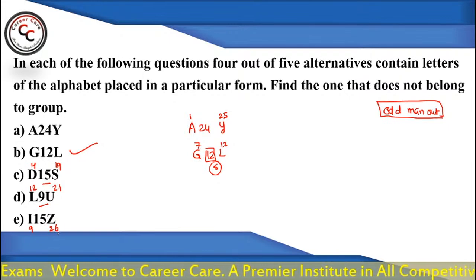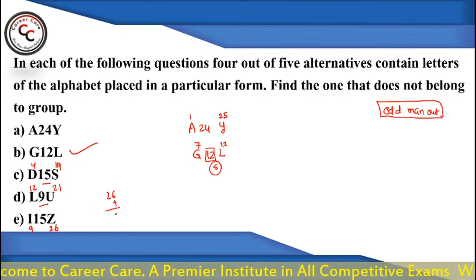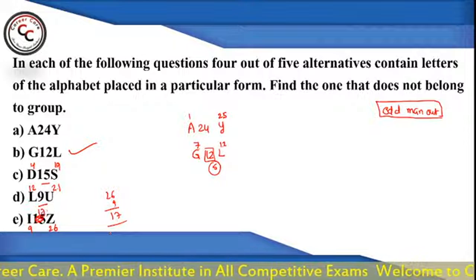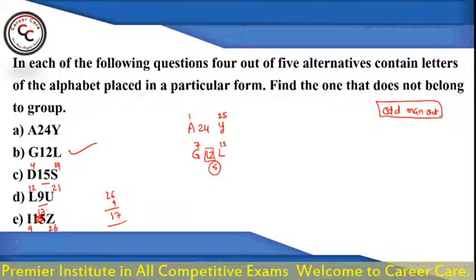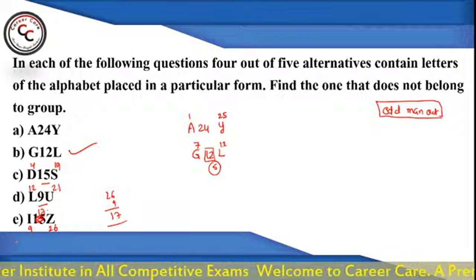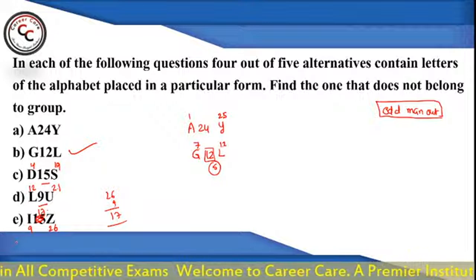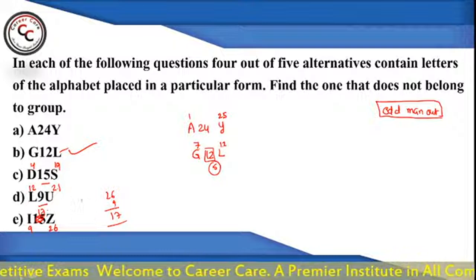The difference between 26 and 9 is 17, not 15. So I 9, Z 26, the difference is 17. So obviously our answer is option number B. Very good everyone, option B.